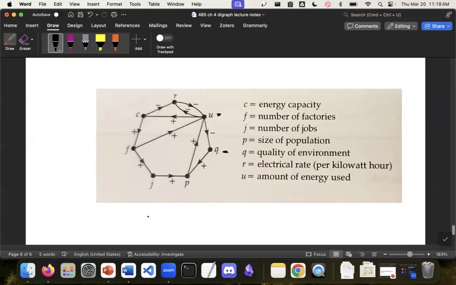So the one thing I'm going to add is the idea of a positive feedback cycle, where we can find a cycle in this graph, and then a negative one. The definition they give is that both are defined in terms of how many negative edges there are.